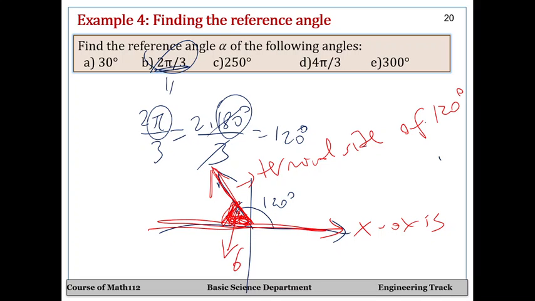What is this acute angle? It's 60. If you change it to radians, it will be pi over 3, right? So the reference angle will be 60 degrees, or pi over 3 radians, is the reference angle of 2 pi over 3 radians.